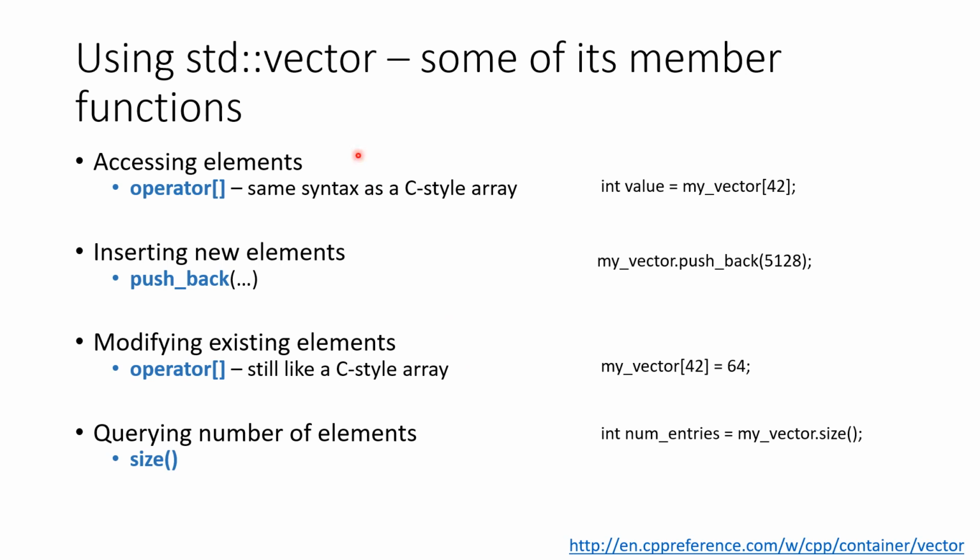For vectors, you can access and modify the elements as you would in arrays, with the square brackets operator. To insert a new element, just do push_back. This will push a new element to the back of the vector. If you want to find the number of elements, just call size, and this will return the size of your vector.